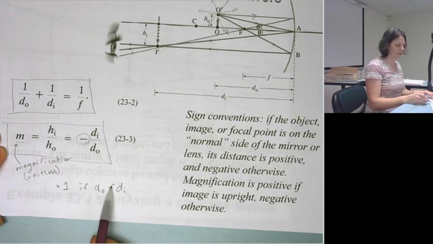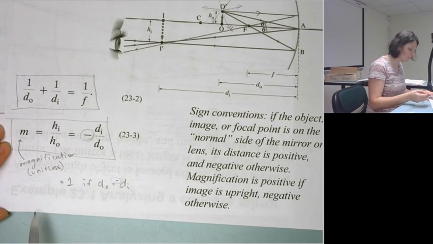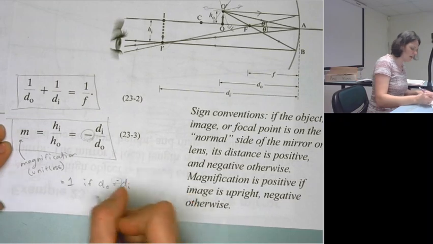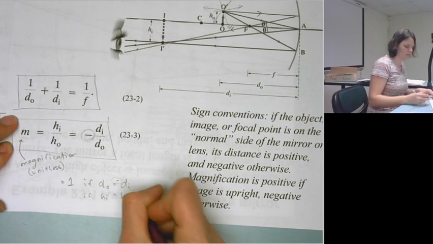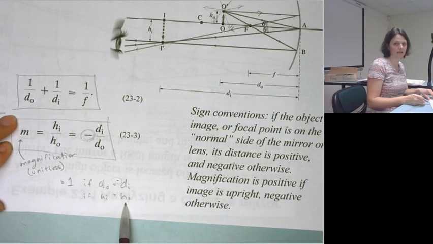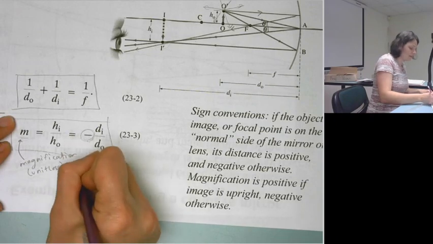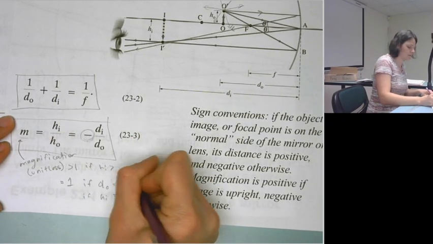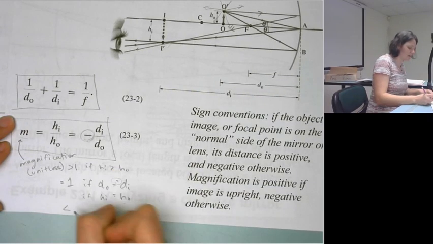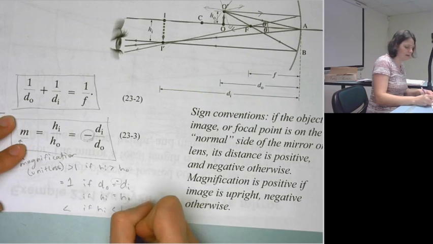I'll talk about what negative distances mean in a minute. Or if hI equals hO, the height of the image equals the height of the object. And it's greater than 1 if the image is greater than the object. And it is less than 1 if the height of the image is less than the height of the object.